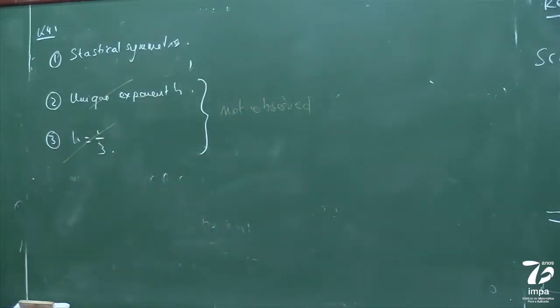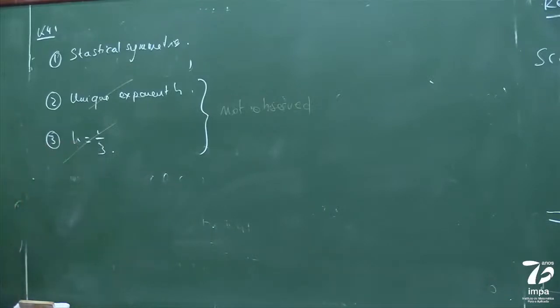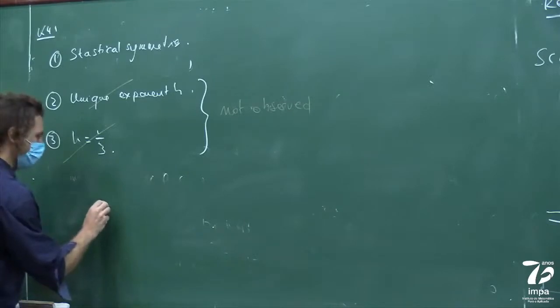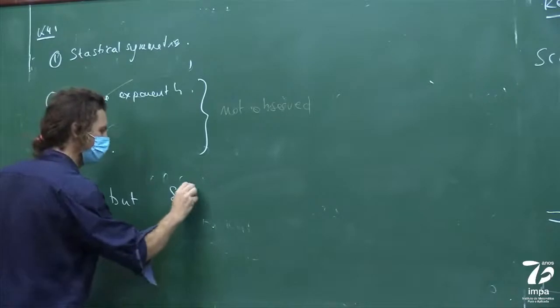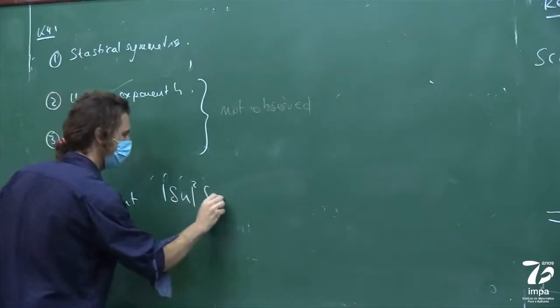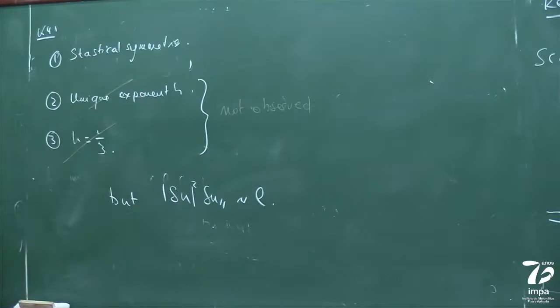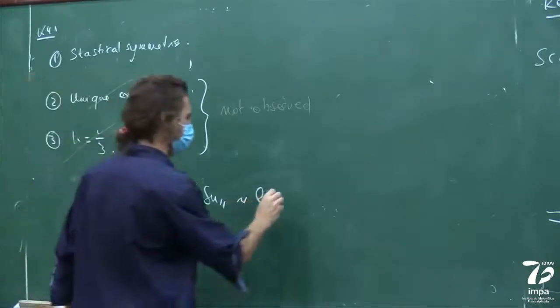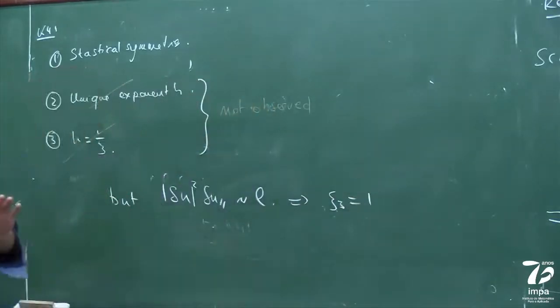Okay. So this is not observed, with the exception that we have seen with the calculation we have done previously that at least H equal 1/3 is a reasonable choice because it is satisfied exactly in the inertial range by a third order structure function. But we know that essentially delta U parallel squared should scale as L. So we know that at least one of the zeta 3 should be 1, clearly.